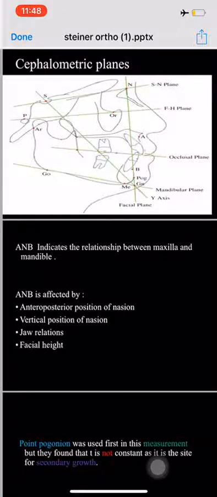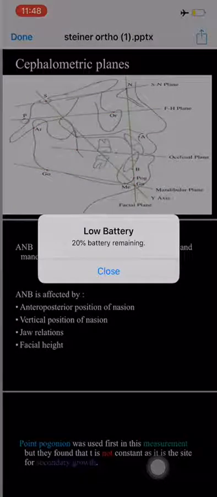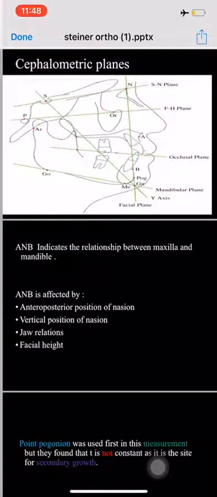Also here in this tracing, we can see different planes: SNA plane, between nasion and sella turcica; Frankfurt horizontal plane, between inferior margin of the orbit and superior portion of the external auditory meatus, porion; occlusal plane, from the intersection of the maxillary and mandibular teeth; and also we have the mandibular plane, tangent, which touches the inferior surface of the body of the mandible.